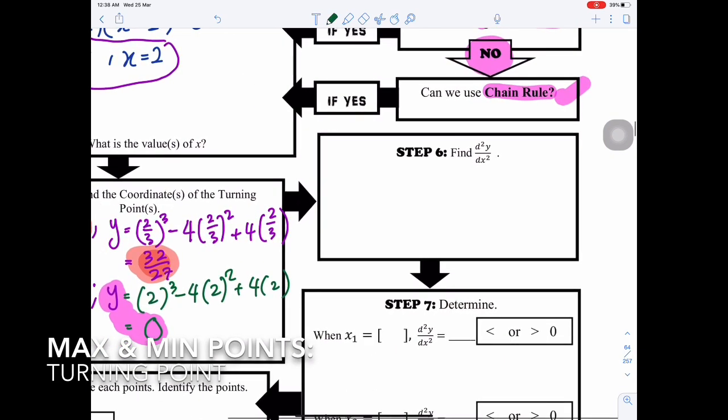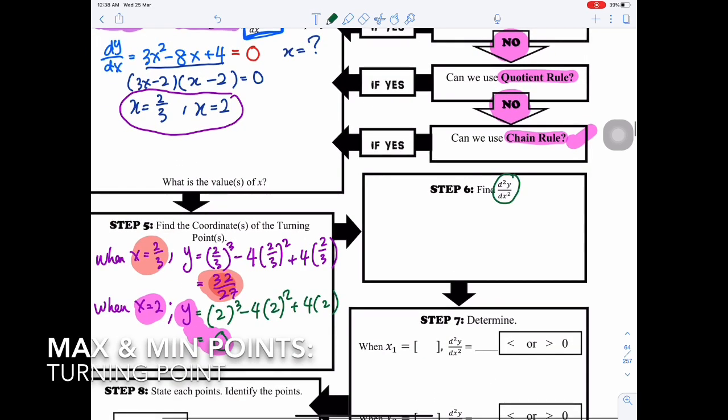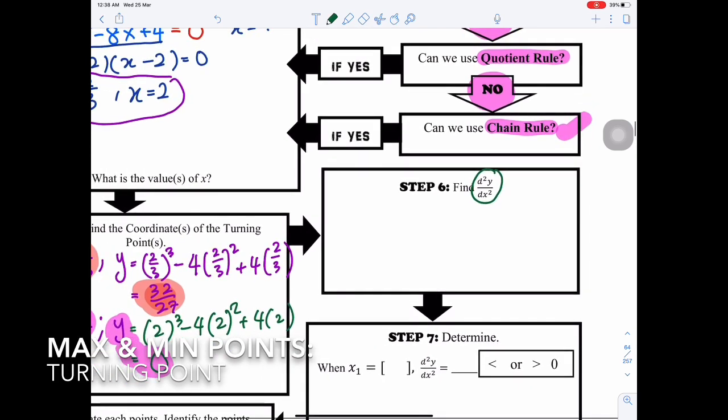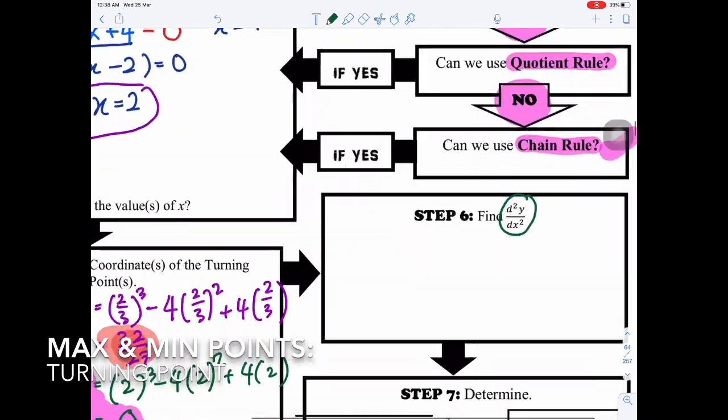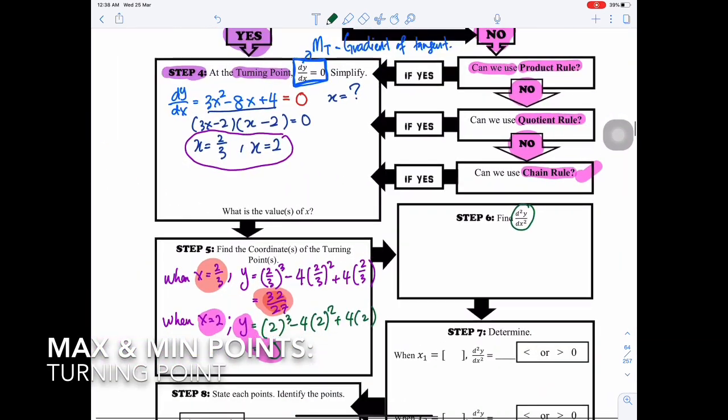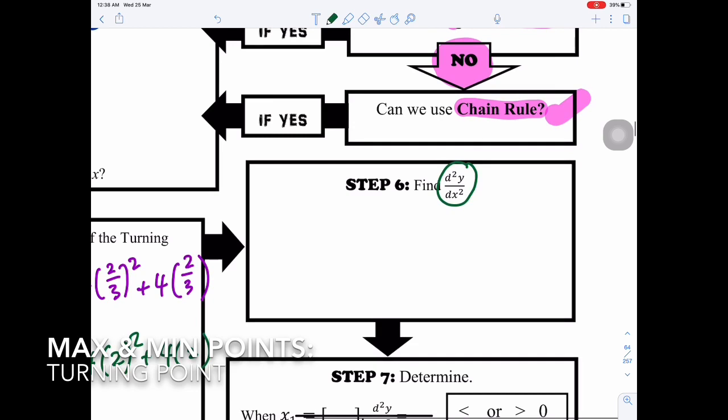Find the second derivative of the equation. Second derivative means you differentiate the equation for the second time. So why do we want to differentiate this for the second time?